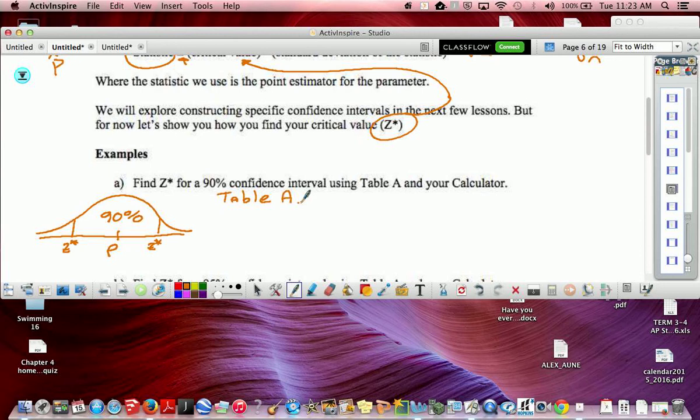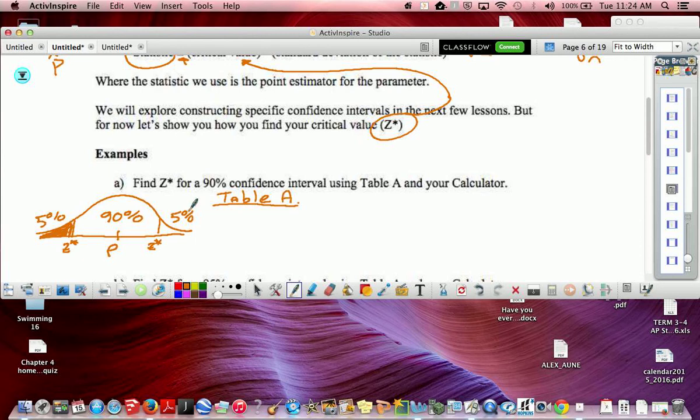If I'm going to use table A, the first thing I need to do is figure out how much this area right here is. It's 5%. How'd you get 5%? You're right. Because of 100%, there's 90, and then there's 10% left, so you have to split that up.